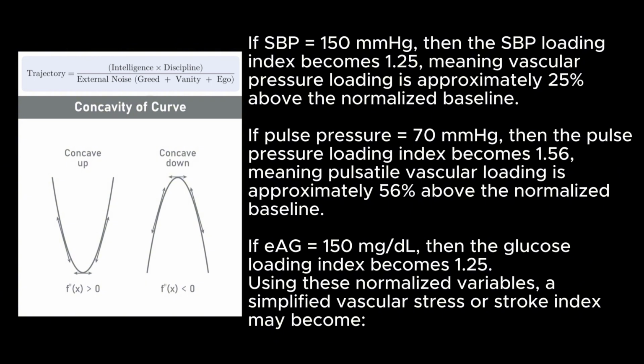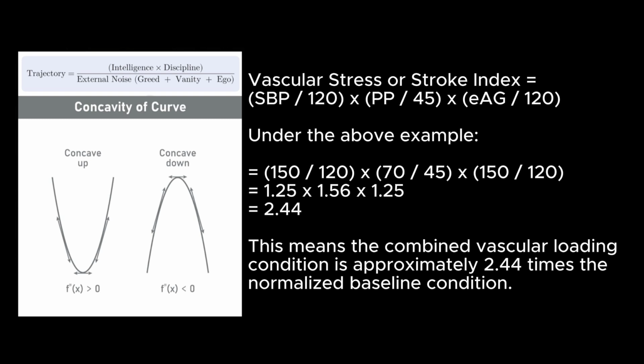A simplified vascular stress or stroke index may become: vascular stress or stroke index equals SBP over 120 times PP over 45 times EG over 120. Under the above example, this equals 150/120 times 70/45 times 150/120, which equals 1.25 times 1.56 times 1.25, equals 2.44.